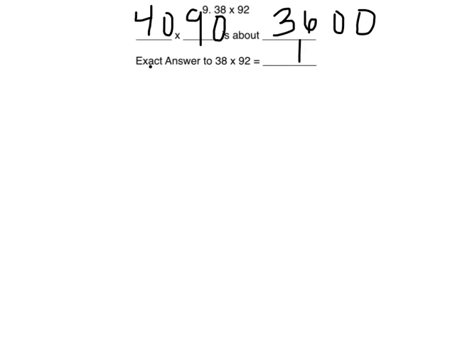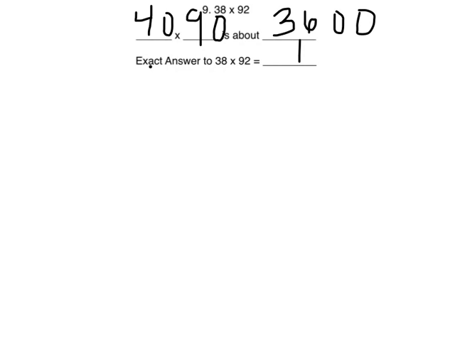We know this line's estimating, so now we have 40 times 90 is about, well, what is 40 times 90? If we have 4 tens times 9 tens, it's going to be 36, and 10 times 10, since we're doing tens, is 100, so 36 hundreds. That's our estimate.